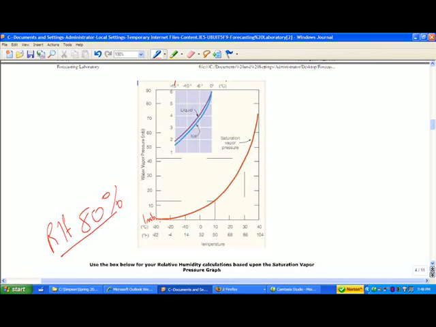So yes, we will hit the 80%, however there won't be a lot of water vapor in the air. So while technically the air is considered moist, there's not a whole lot of water vapor present.